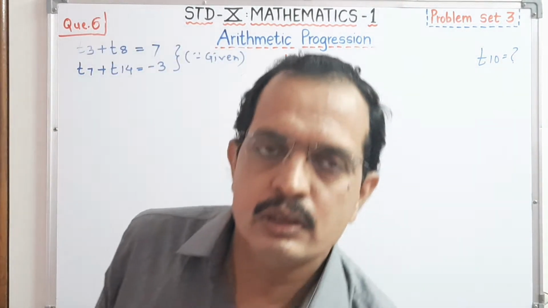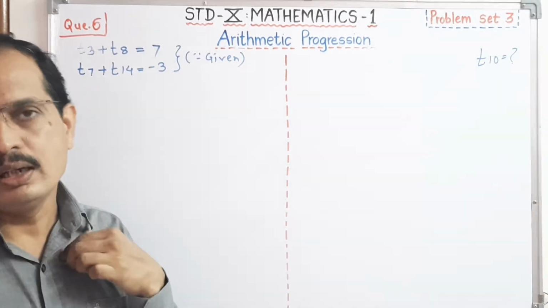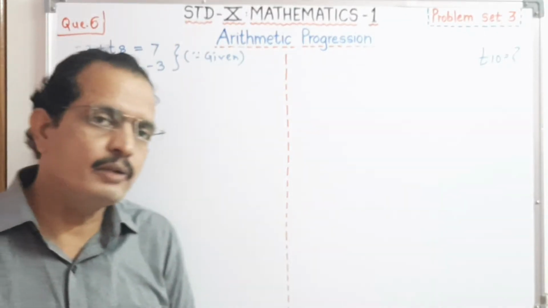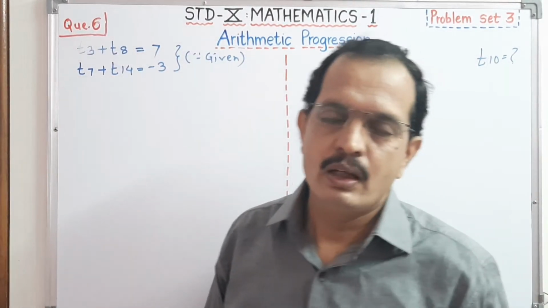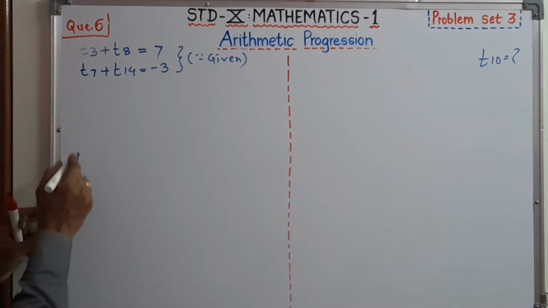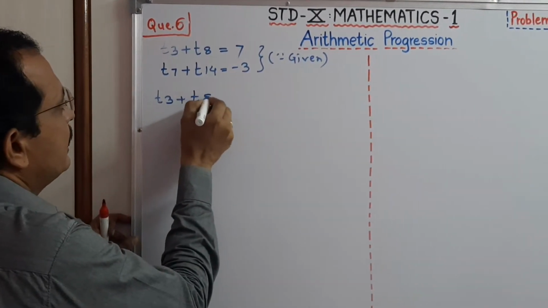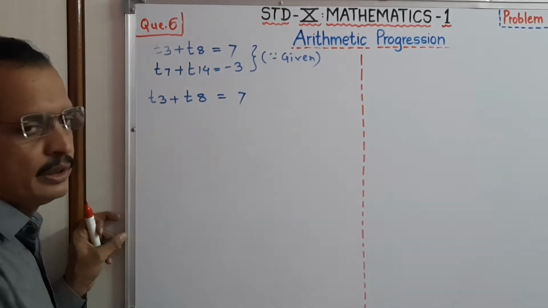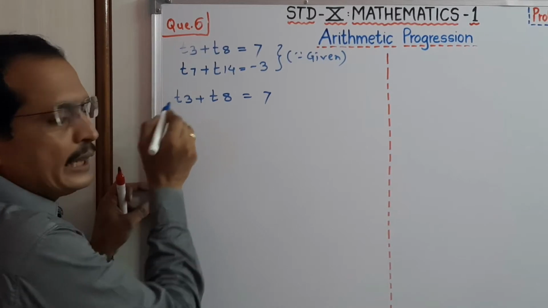Now dear student, to find out T10 we have to use the Tn formula, and for finding out the Tn formula we must know the values of A and D. Now see here, first information is given, that is T3 plus T8 is equal to 7. Now directly I write here the Tn formula for T3.